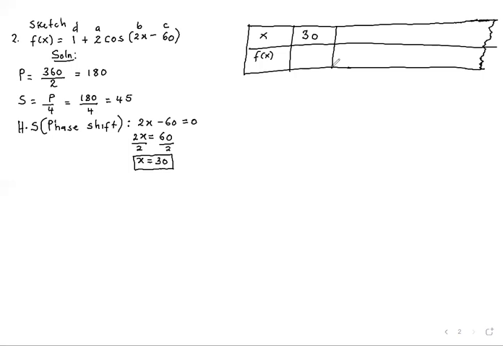So 30, and now we add the scale. 30 plus 45, we get 75. 75 plus 45, we get 120. 120 plus 45, we get 165. 165 plus 45, we get 210.